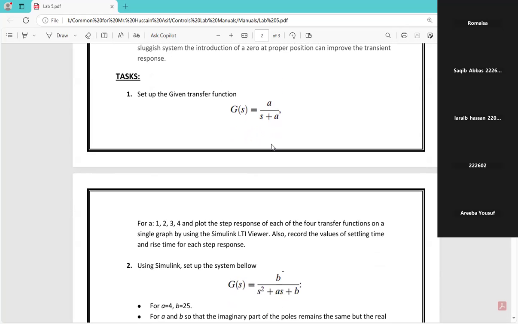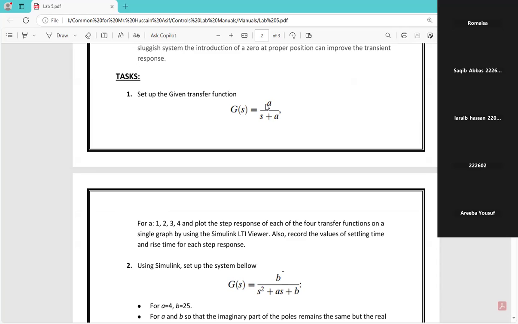This transfer function would be set in MATLAB, and you will change the values of a to 1, 2, 3, and 4. For each value of a, you're going to plot the step response of each of the four transfer functions. That means 1 over s plus 1, 2 over s plus 2, 3 over s plus 3, and 4 over s plus 4. So you are going to plot the four step responses. How?